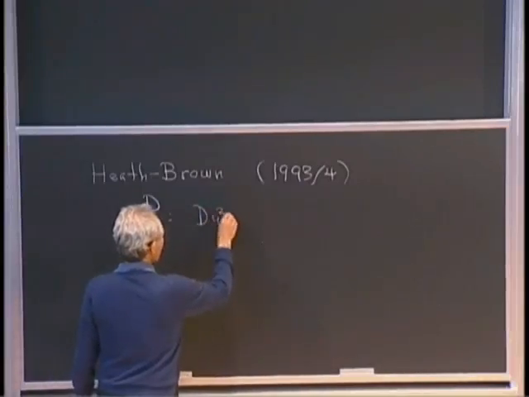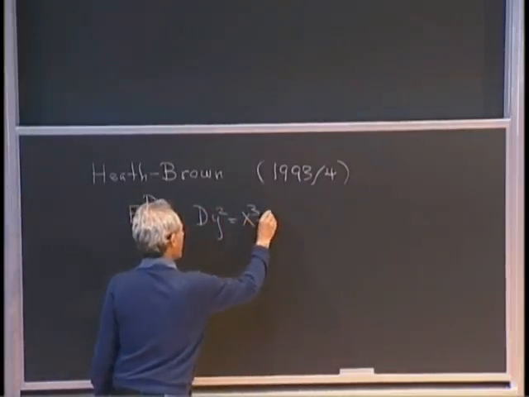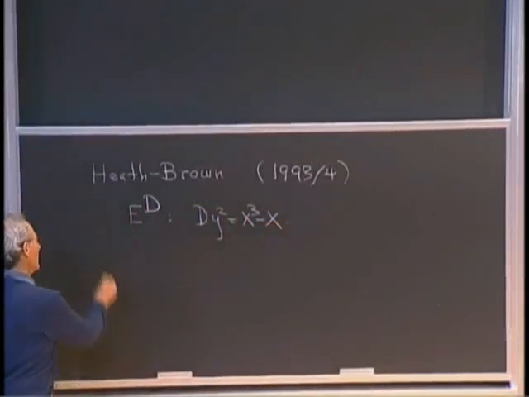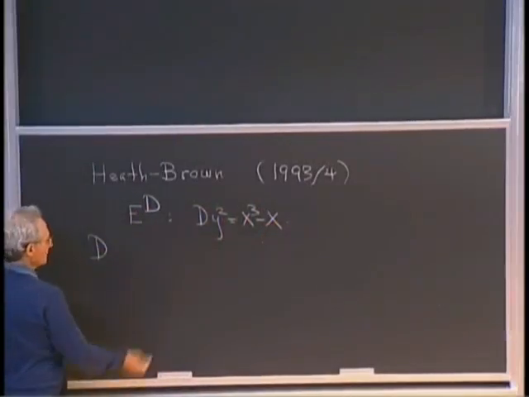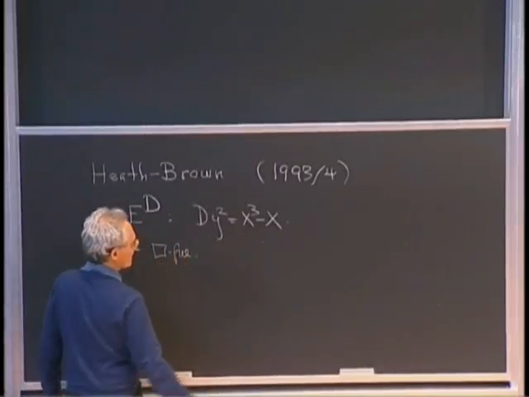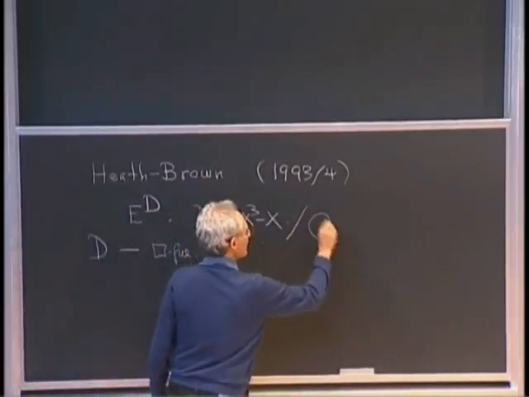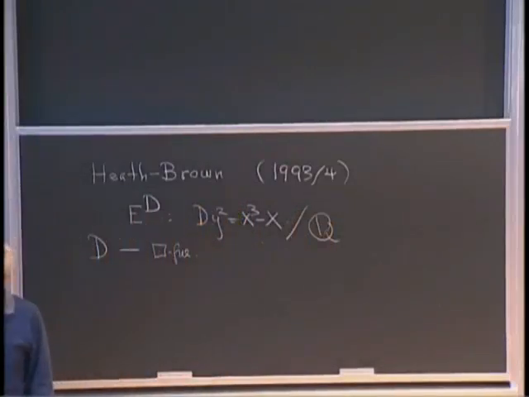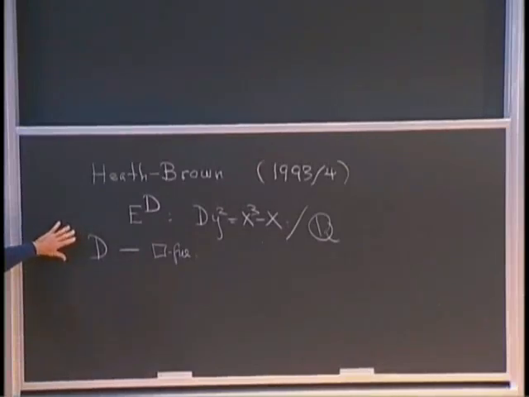And here's one way of writing them, where D ranges through all square-free integers, and we're thinking of the elliptic curve over Q. So this is a family of elliptic curves. It's a quadratic twist family, and I'll use the notation that I like for quadratic twist families in a moment.